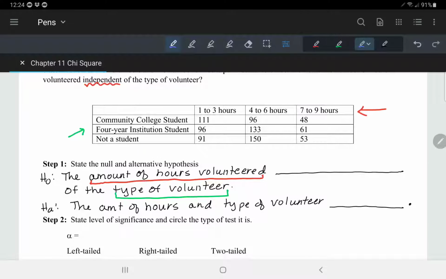In the independence test, the null hypothesis says the amount of hours volunteered is independent of the type of volunteer. And then the alternative hypothesis takes the opposing view and says the amount of hours volunteered and the type of volunteer are dependent.